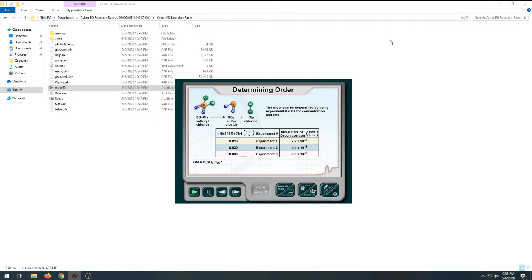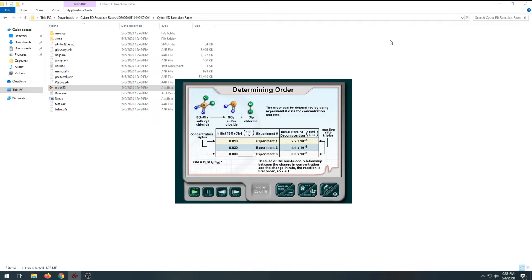To determine the power to which the concentration is raised, observe the relationship between the increase in concentration and the increase in rate. When the initial concentration is doubled, as it is between the first and second experiment, the reaction rate doubles. When the initial concentration is tripled, as it is between the first and third experiment, the reaction rate also triples.